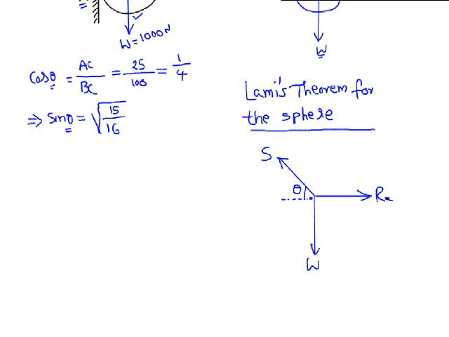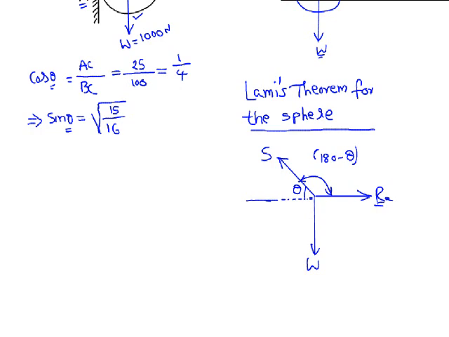We can note down the three angles between the forces. The angle between RA and S is 180 minus theta, because the whole angle from here to RA is 180 minus this angle theta.